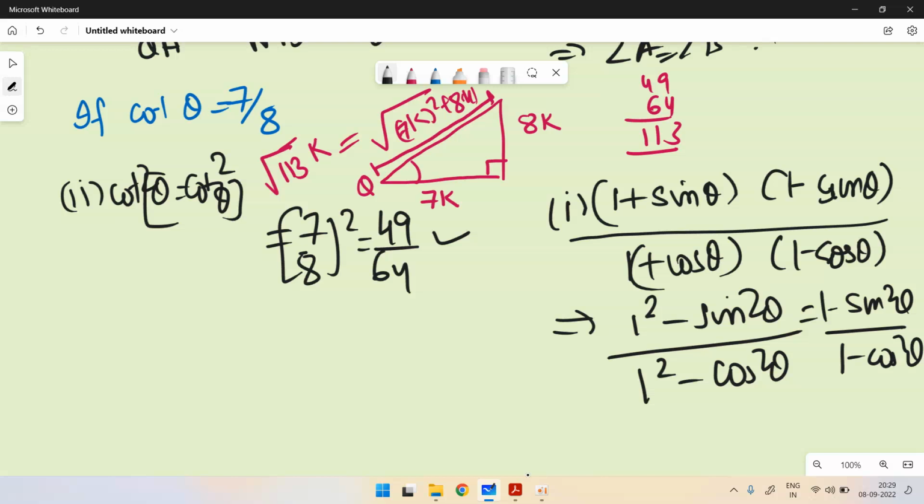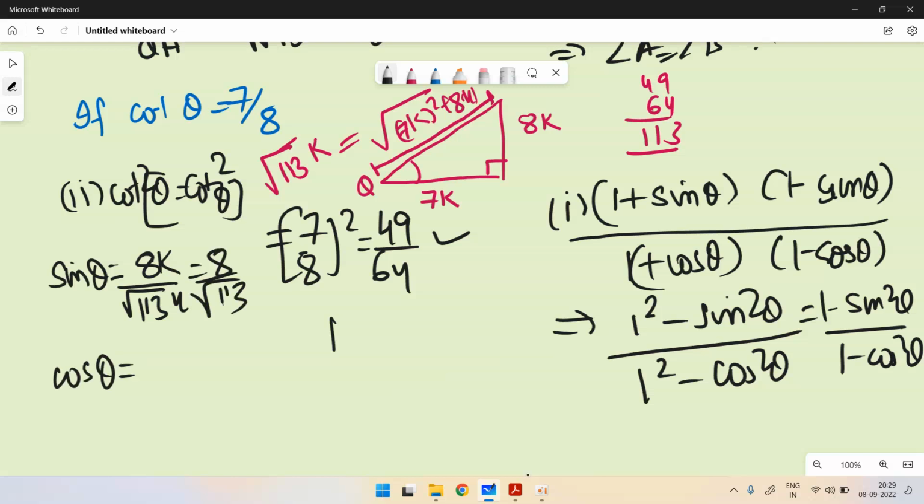If I substitute the value of sine theta, it is nothing but perpendicular by the square root of 113 k, which is 8 by root 113. And cos theta is 7k by root 113 k, nothing but 7 by root 113.